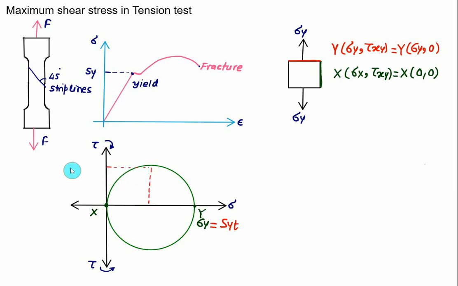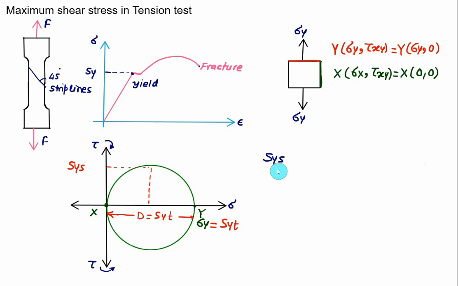So this value corresponds to Sys. This one is equal to the diameter, which is Syt, and Sys is the radius.